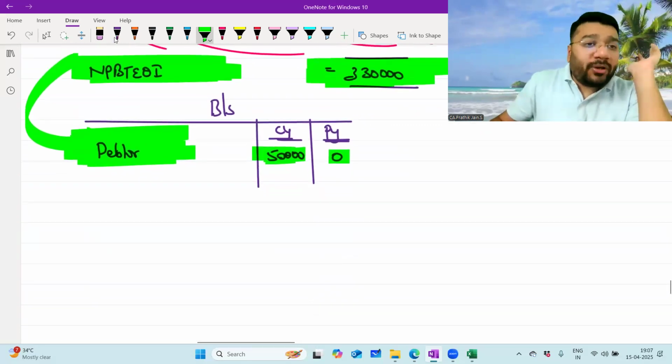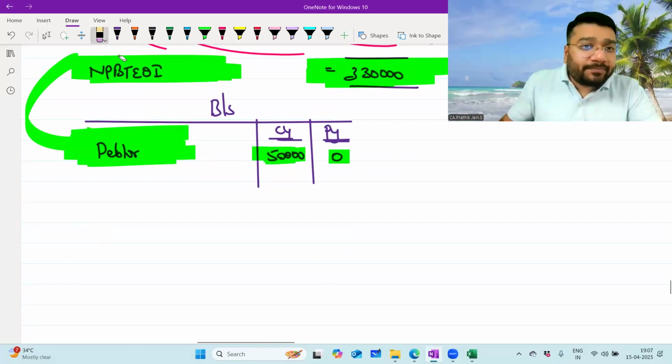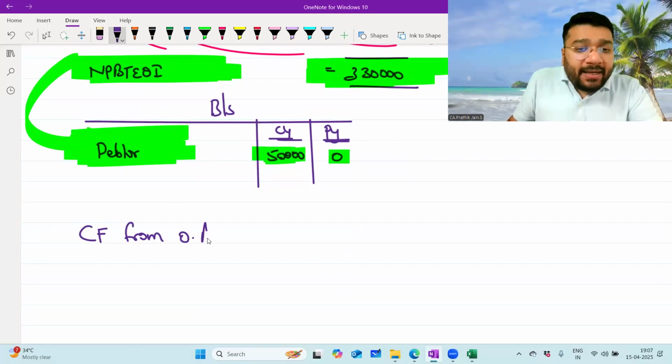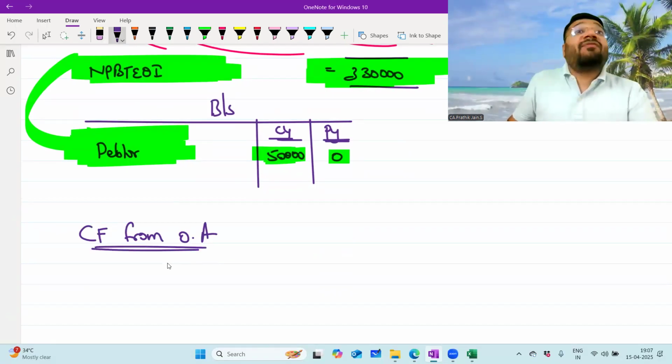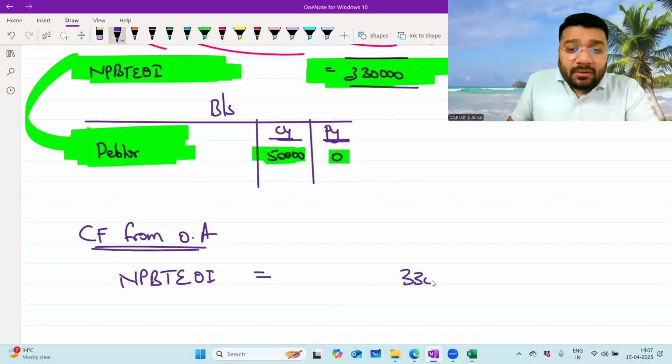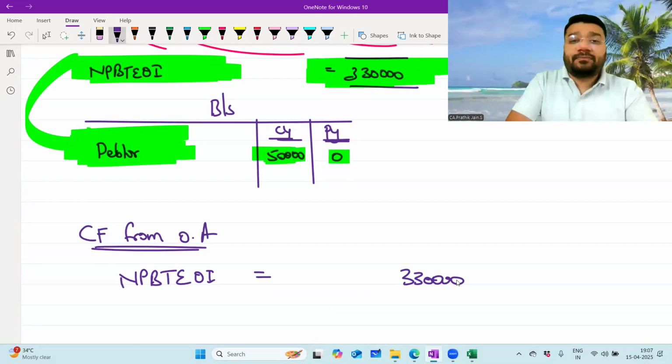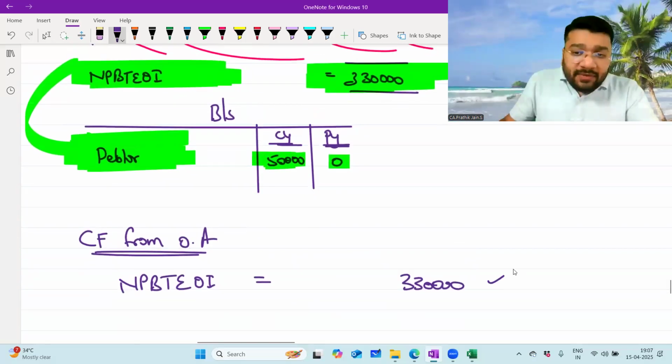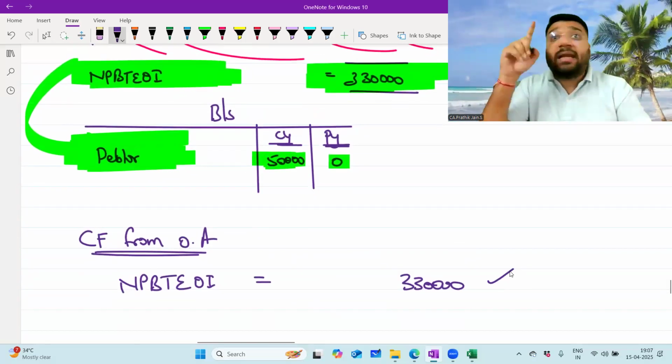Now, what is my starting point to calculate the cash flow from operating activity? Net profit before tax and extraordinary item, which is 3,30,000 rupees. Now, in this, if there is any non-cash or non-operating item, that I have to remove.